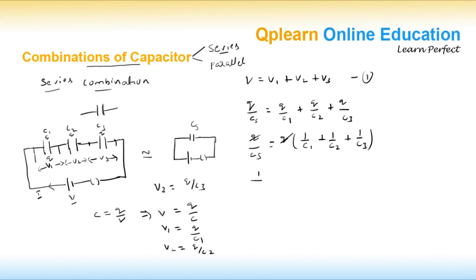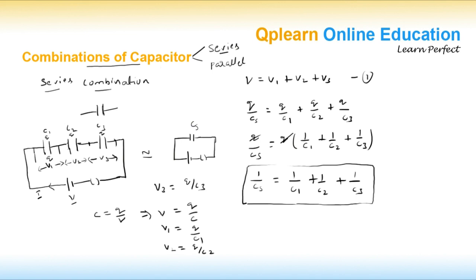What is left? 1 by CS is equal to 1 by C1 plus 1 by C2 plus 1 by C3. So this is the final formula of the effective capacitance when the capacitors are connected in series.